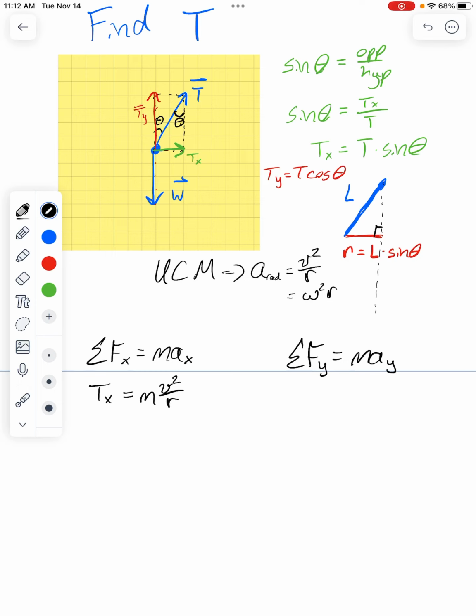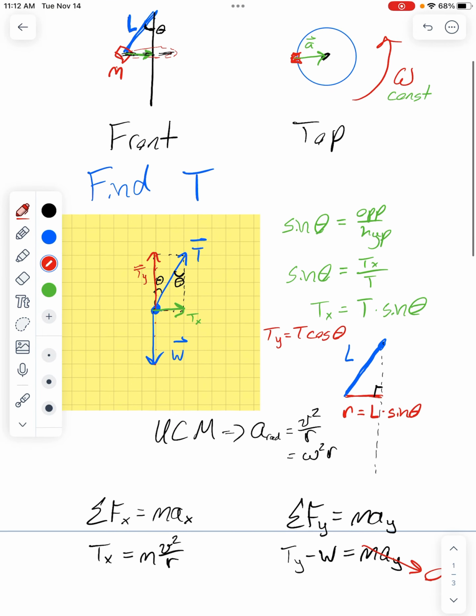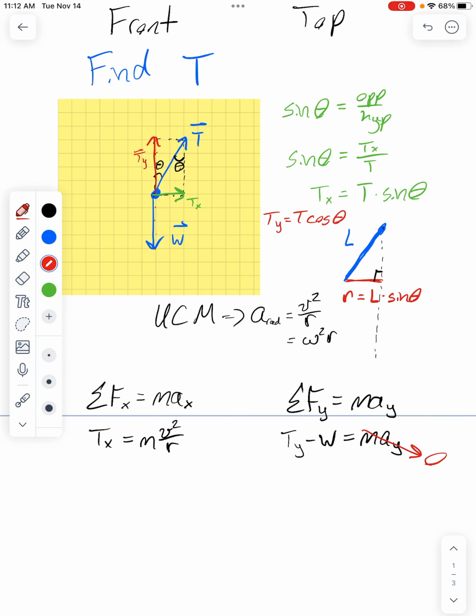And in the y direction, we have that Ty minus weight is equal to m ay. But ay is 0, right? Because as the ride is going around in a circle, it is not moving up or down, so the y coordinate remains a constant, which means the y velocity is a constant of 0, and therefore the y acceleration is 0.